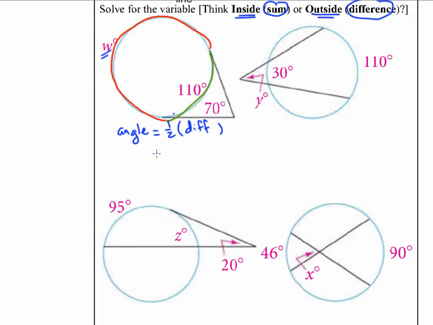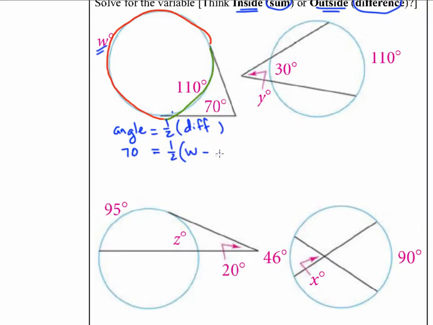So the angle, which is 70, it's not our variable here, the angle is 70, equals half of the difference. So we're going to subtract the bigger one minus the smaller one. The bigger one's W, and the smaller one is 110.